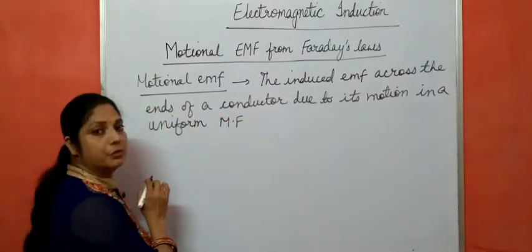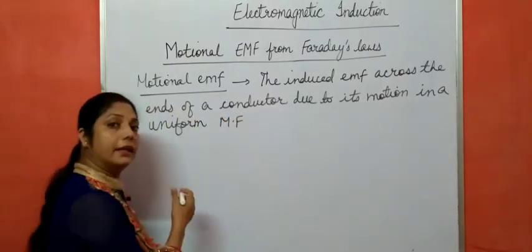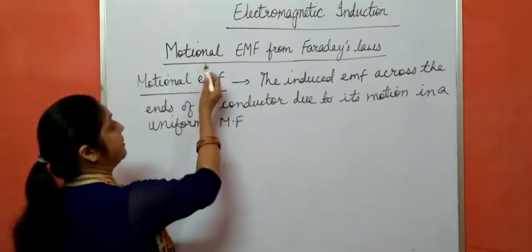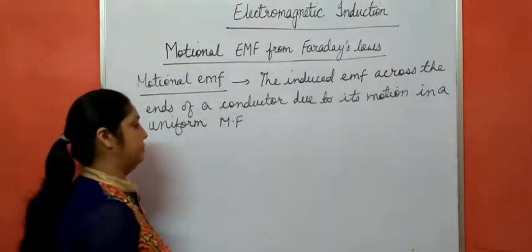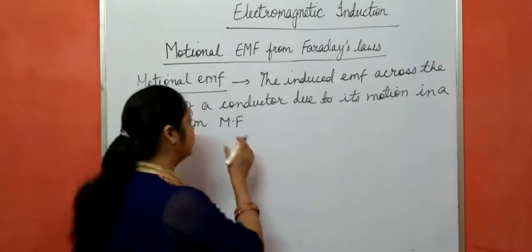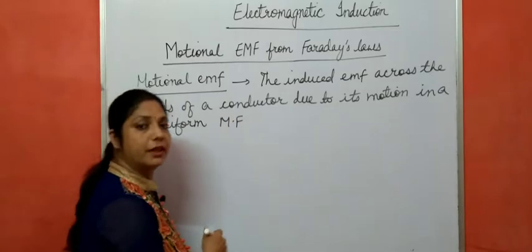This is called motional EMF. Here again we have to use Faraday's law and derive the expression for this motional EMF. So now I am going to derive the expression for this motional EMF.